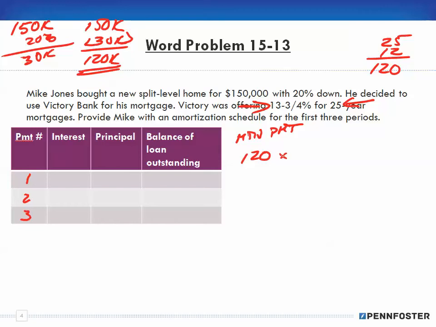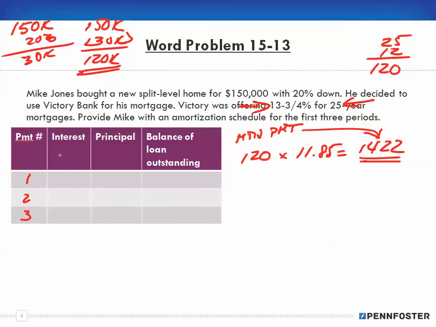When we look at the table, for 13.75% for 25 years, the factor is 11.85, and when we multiply that by 120, we get a monthly payment of $1,422.